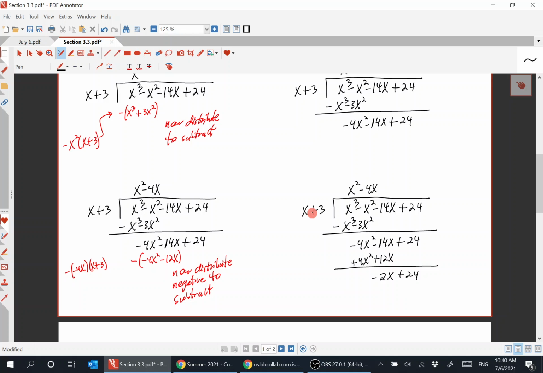Okay, now what do I need to multiply x by to get negative 2x? Well, I would multiply by just negative 2.